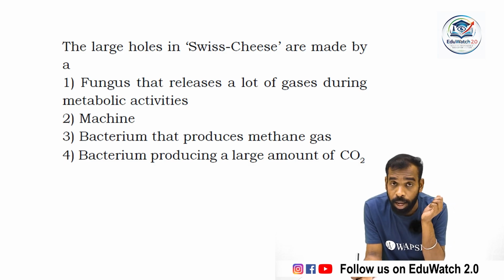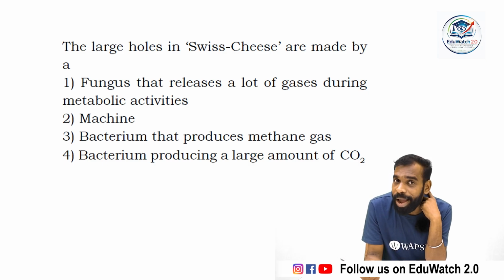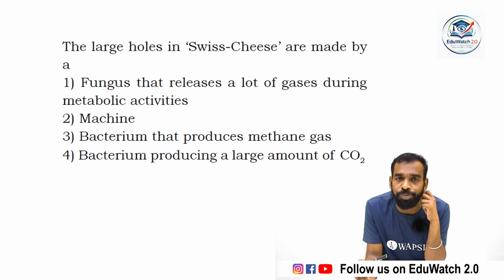What is the lesson heading? Microbes in human welfare. Under that heading, we are discussing one bacterium and another one fungus. What is the name of the bacterium? Propionibacterium shermanii, Penicillium roqueforti.